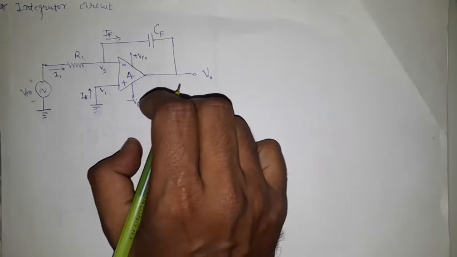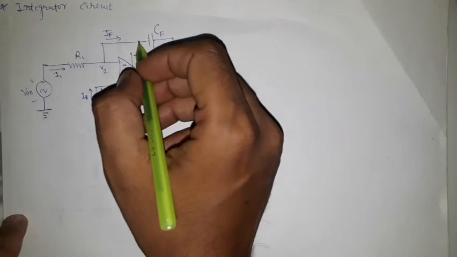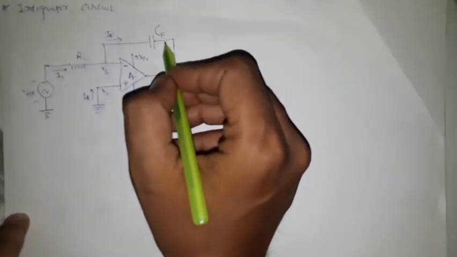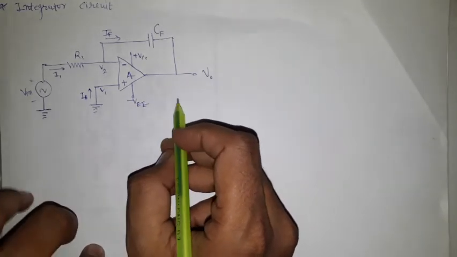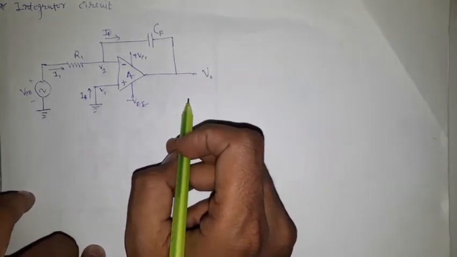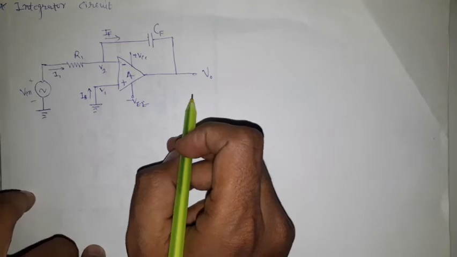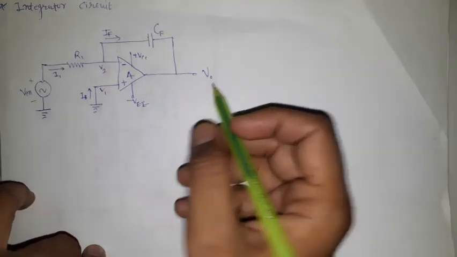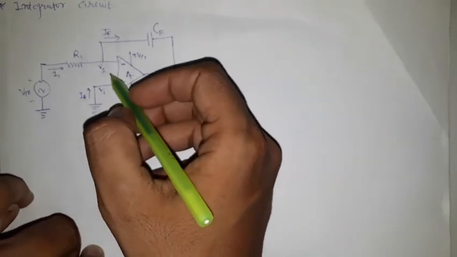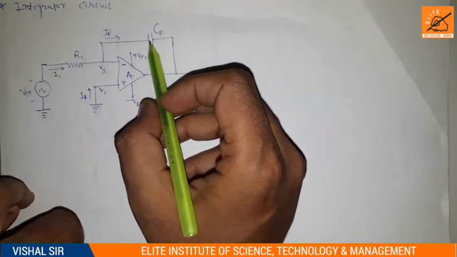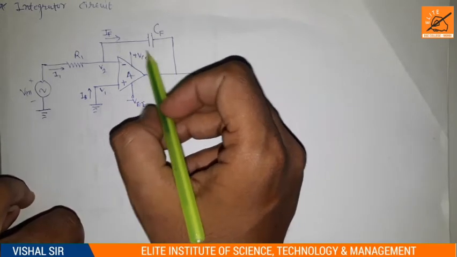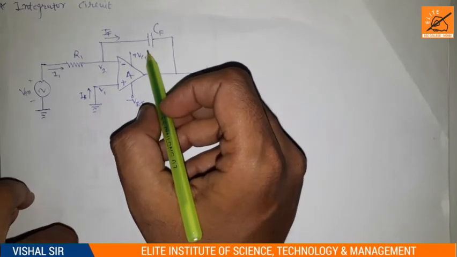In other circuits generally a resistor is there in feedback, but in an integrator circuit there is a capacitor CF. So simply this circuit can be obtained by replacing the feedback resistor RF in the inverting amplifier with feedback capacitor CF.